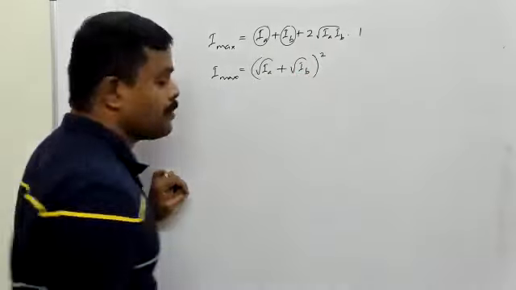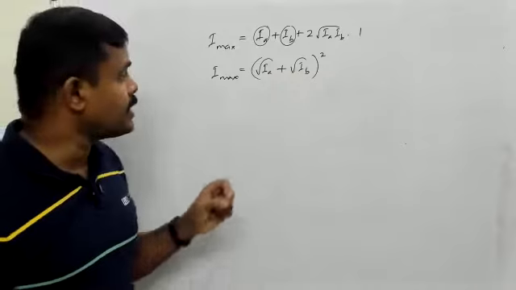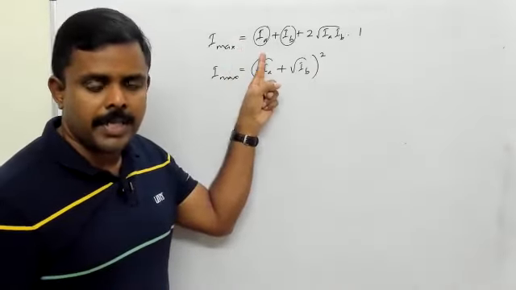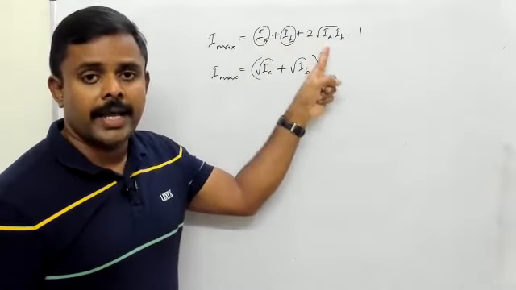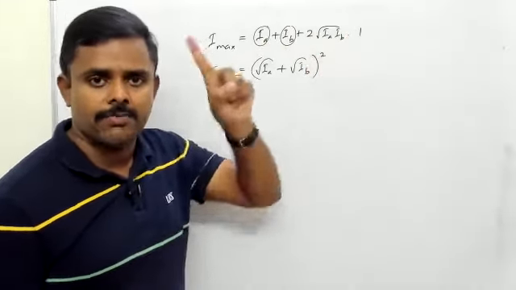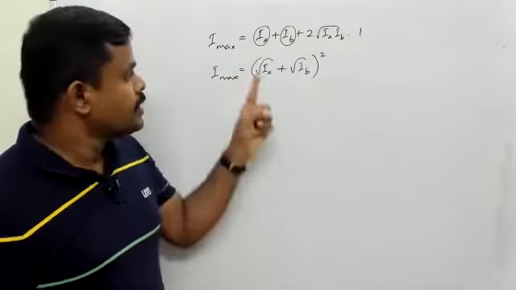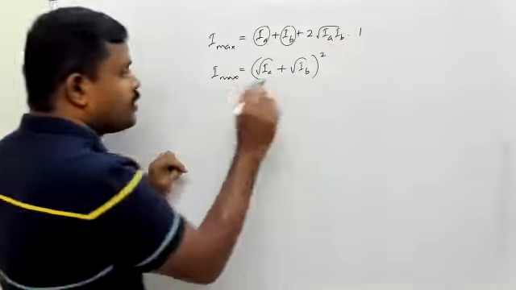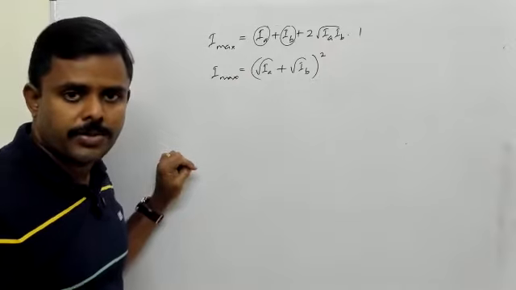That is how I write I max. If I put cos phi as 1 and simplify, I get root of IA plus root of IB, the whole square.